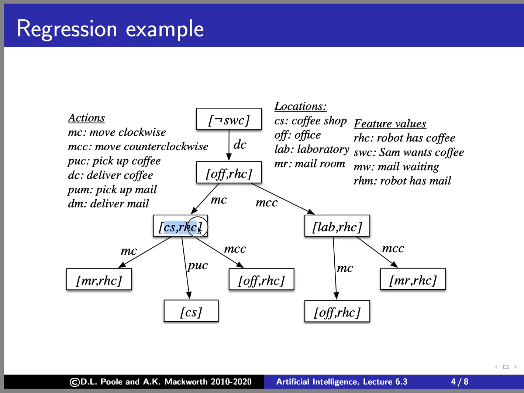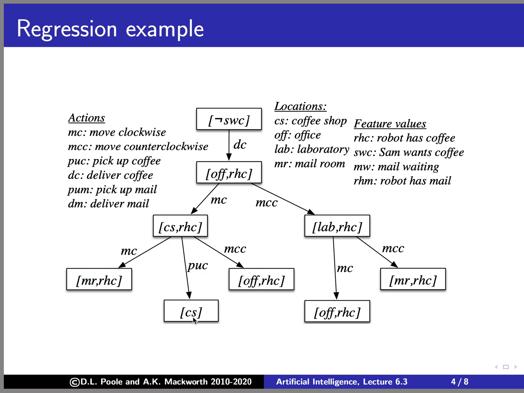So let's look at this node. To achieve being in the coffee shop and Rob having coffee, there are three ways of doing that. We could be in the coffee shop and pick up the coffee, and that would achieve Rob has coffee. Or we could try and achieve being in the coffee shop: you could move clockwise from the mail room, or move counterclockwise from the office.